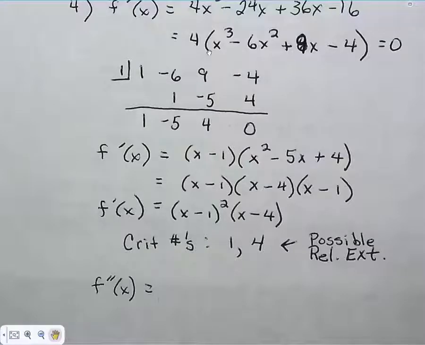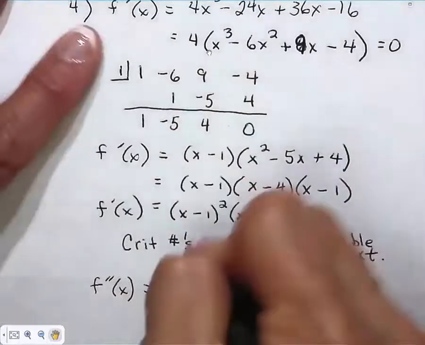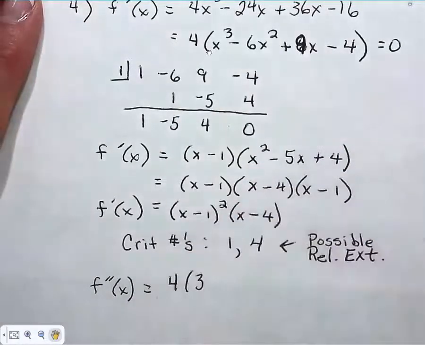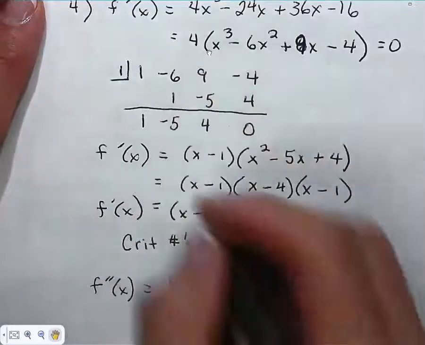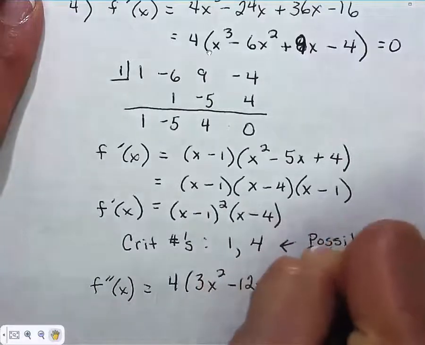Either this or that. Either one's absolutely fine. If you want to use this one, then you keep up with the 4 and you just factor this. Would be 3, not factor, differentiate. You differentiate that, would be 3x squared minus 12x plus 9.